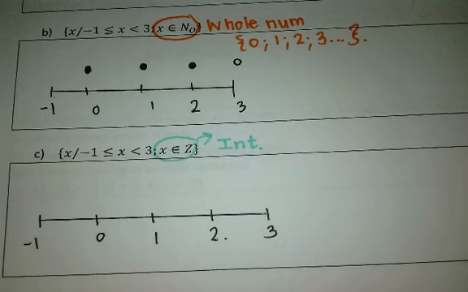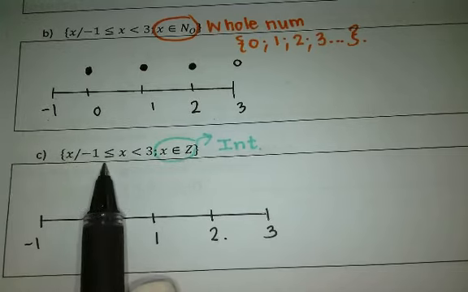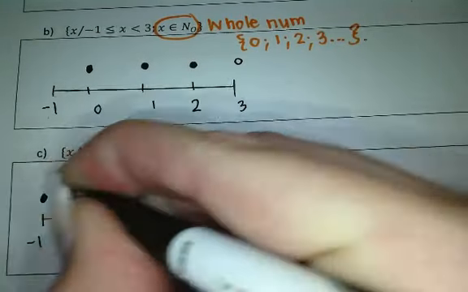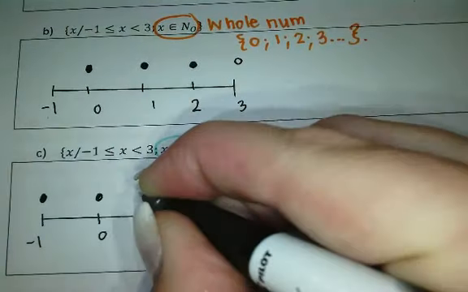We know that x is still going to lie between -1 and 3. So now we think to ourselves, because x is an element of integers, can we start our number line on -1? Yes, because -1 is an integer. So on -1, do I have an open or a closed dot?